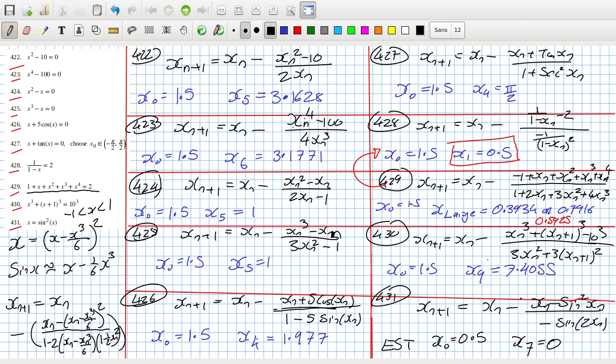No, it's the same problem. Do I have the derivative wrong? X minus sine squared, and then, oh, there's a 1 here. There's a 1. I missed the 1.